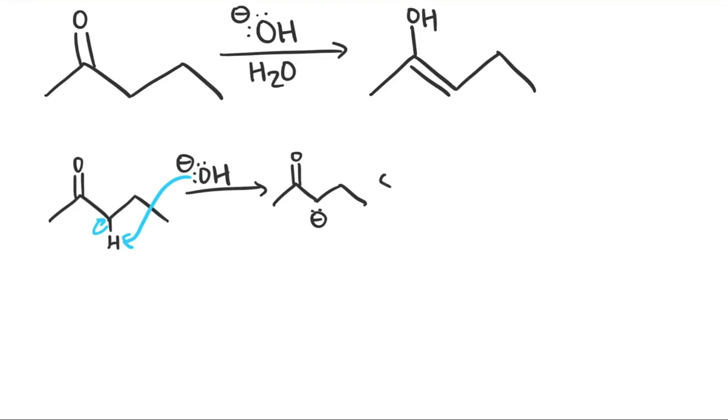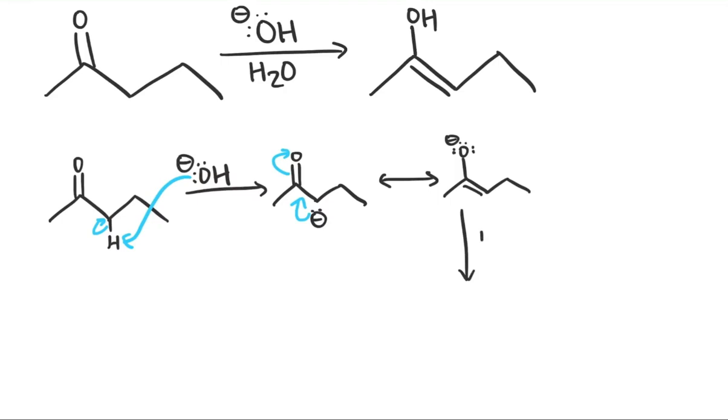Now, through resonance, that lone pair is going to form our carbon-carbon double bond, and we are going to push up some of the electrons from one of the bonds making up that carbon-oxygen double bond onto the oxygen, giving us our carbon-carbon double bond and oxygen with 3 lone pairs and a negative charge.